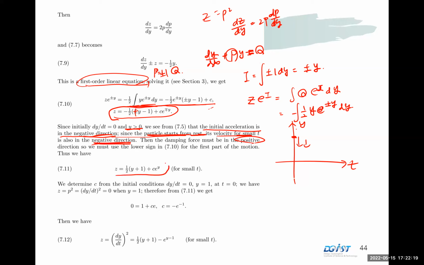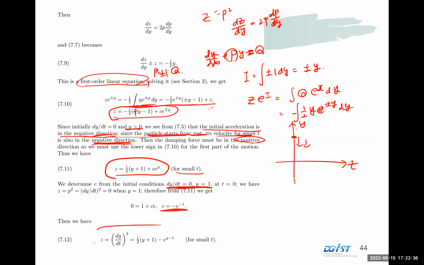So this is the first part, the small t. From the initial condition, we found c is this value.